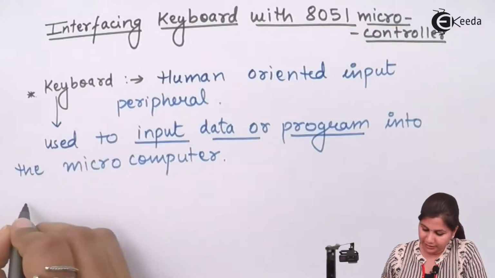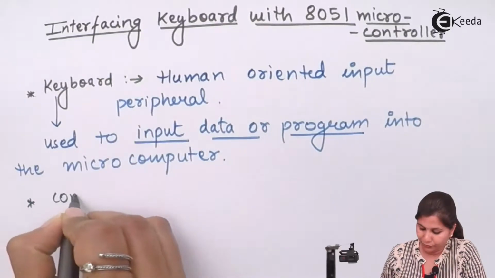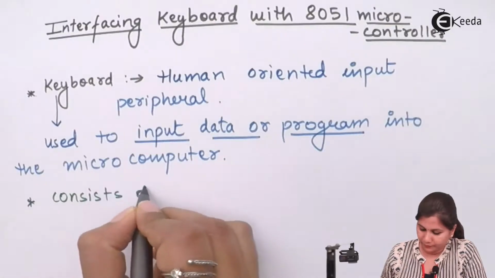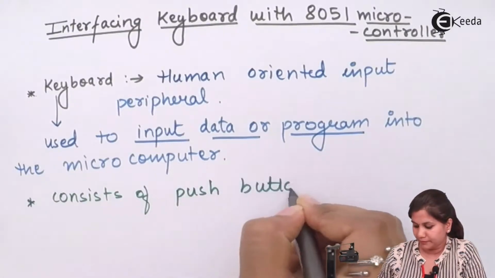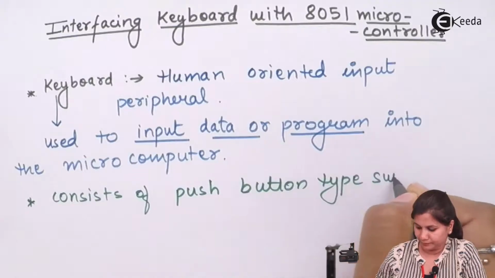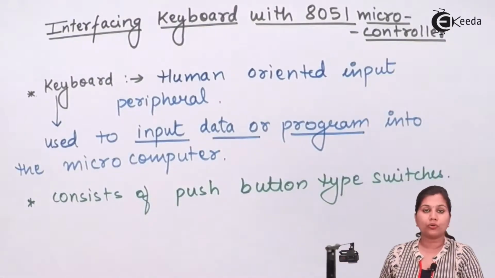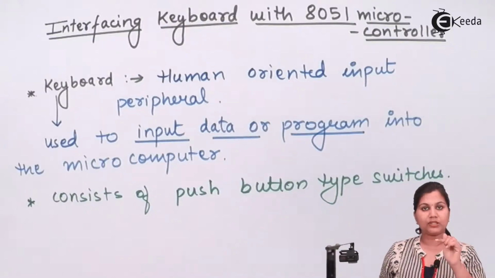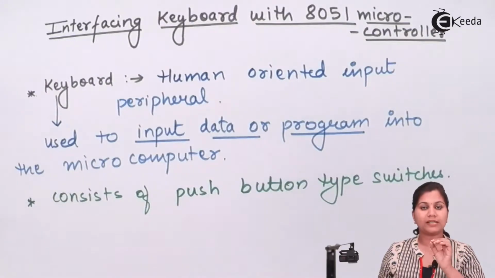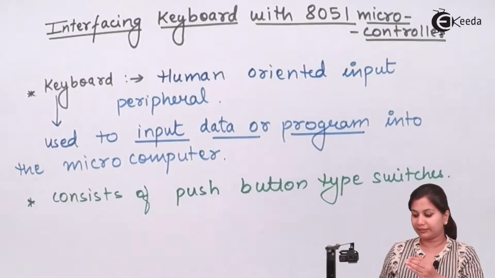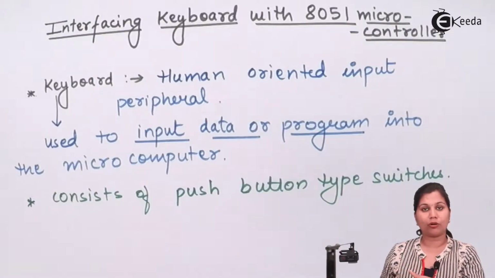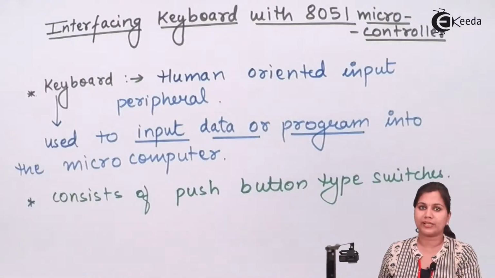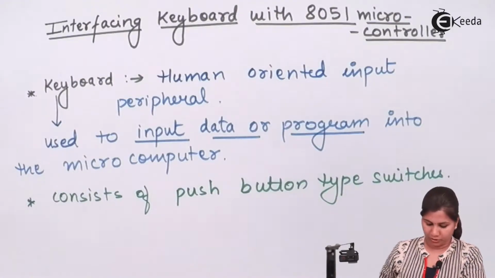So whenever the human, the user, is going to input data, they press a key, and that key is going to give a specific code to the microcontroller. The microcontroller will identify which key is being pressed, and according to that key it is going to process the data.